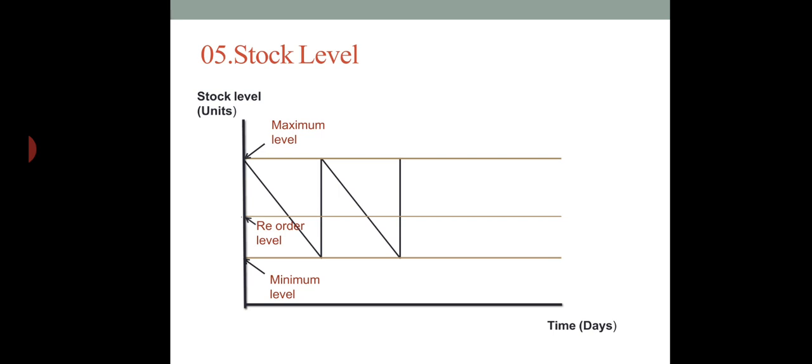To avoid the danger of shortages, it is better to always keep this level of stock. So the stores manager maintains the stock always above the minimum level. If the stock is below the minimum level, it definitely indicates the organization is going to face a danger level.